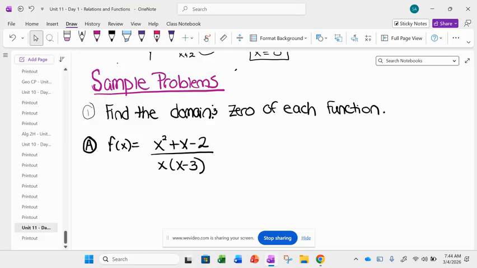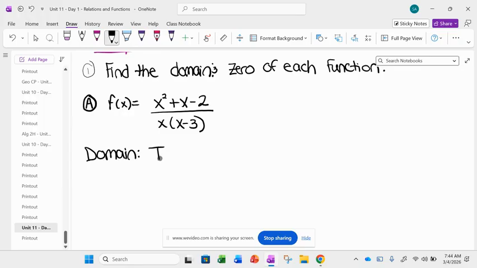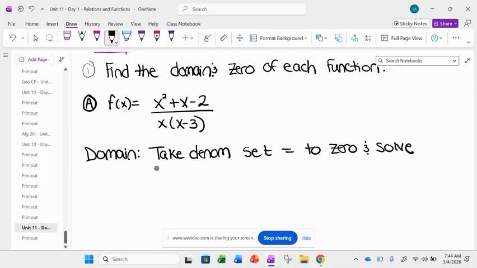So now how do we find this restriction on the domain? What we're going to do is we take the denominator. So for domain, take the denominator, set equal to 0, and solve. So we have x times the quantity of x minus 3 equals 0. Well, luckily for us, this has already been factored. So now all I'm going to do is set each factor equal to 0.